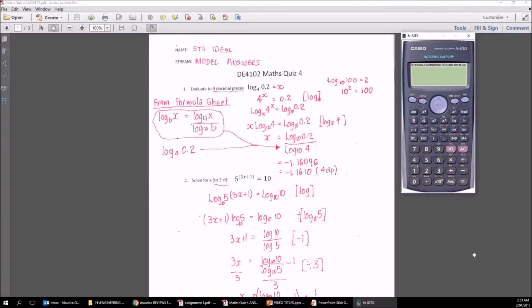So I very quickly knew that log to the base 10 of 100 was 2, and log to the base 10 of 1,000 is 3. Log to the base 10 of 10 is 1. And so I have this little pattern that I write, because I also know that 10 squared is 100. This is the pattern of logs.